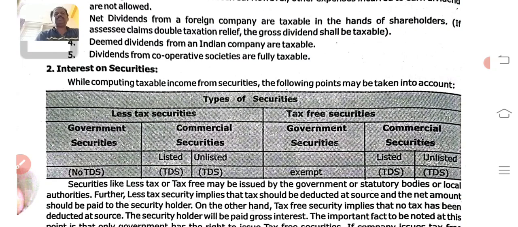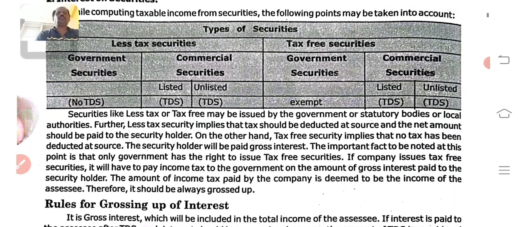The second type is tax free securities. Tax free securities are also classified into two types. One is government security and 100% exempt from tax. Commercial securities are classified into two types: listed and unlisted. TDS will be there. So, securities like less tax or tax free may be issued by the government or statutory bodies or local authorities.